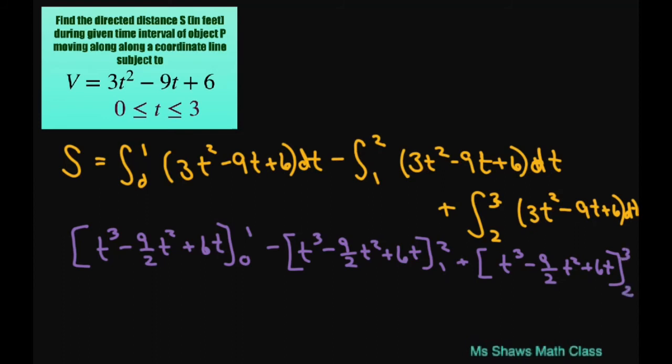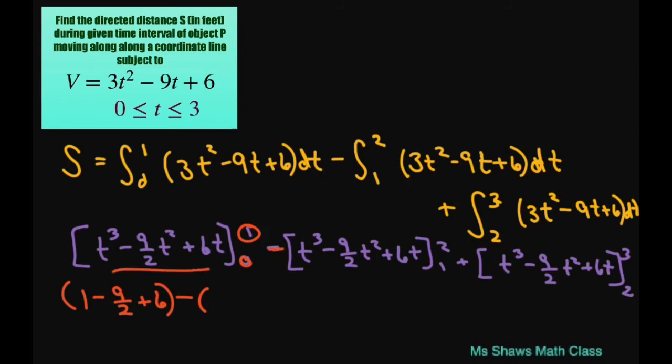We're going to start with 1. When you substitute in 1, you get 1 minus 9 halves plus 6. We don't need to do the 0 because it's just going to be 0.